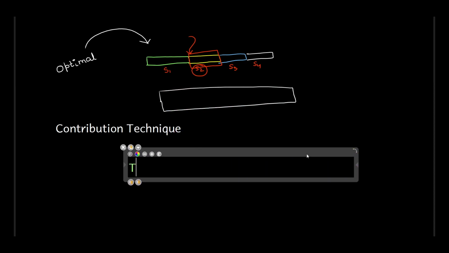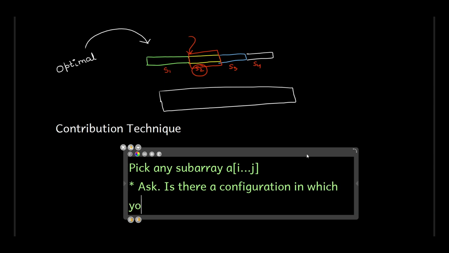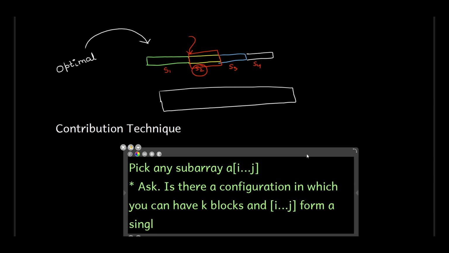You pick any subarray, let's say a[i..j], and you ask, is there a configuration in which you can have k blocks and the block i to j forms a single block with maximum sum?